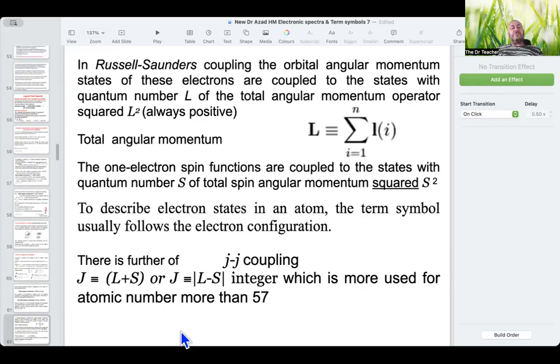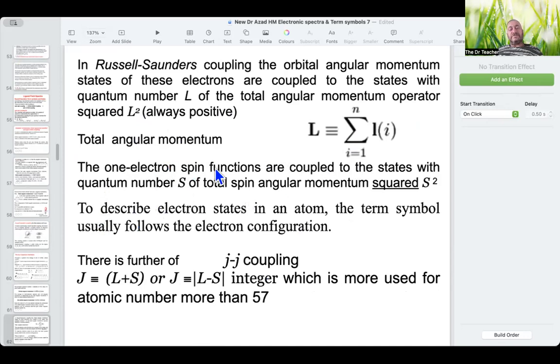In Russell-Saunders coupling, the orbital angular momenta of the electrons are combined. So you have the total L here, always positive. You don't need to memorize this. L squared is always positive. Total angular momentum comes like this.